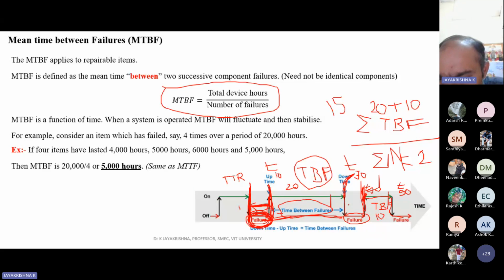So what is the TTR value? 10, sir. 10. Let's assume that here T equal to 0 and here T equal to 10. What is the TTR value here?